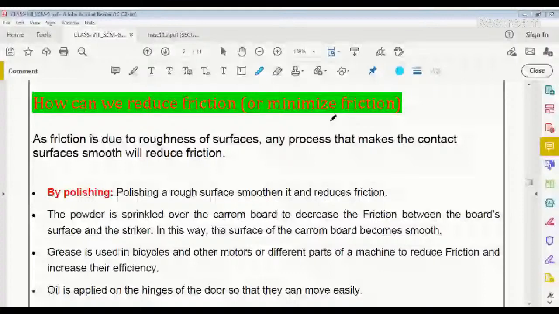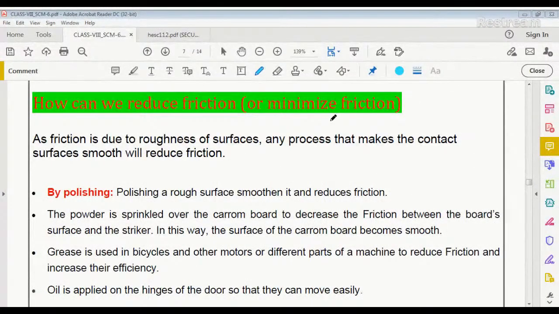So in all these cases, we want to reduce friction in order to increase efficiency. When oil or grease or graphite is applied between the moving parts of a machine, a thin layer is formed there, and moving surfaces do not directly rub against each other.